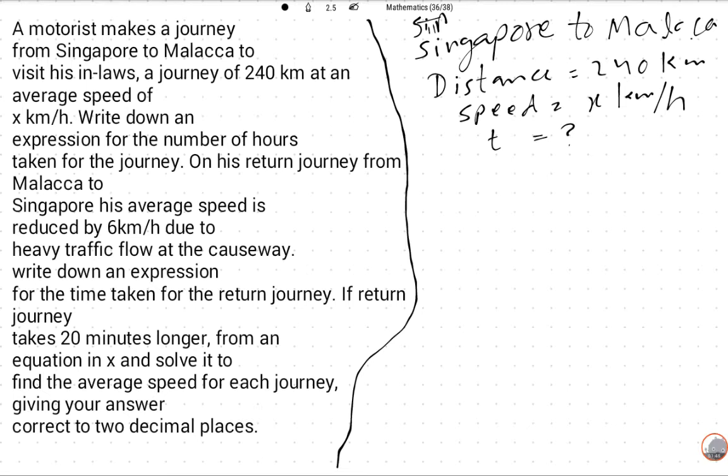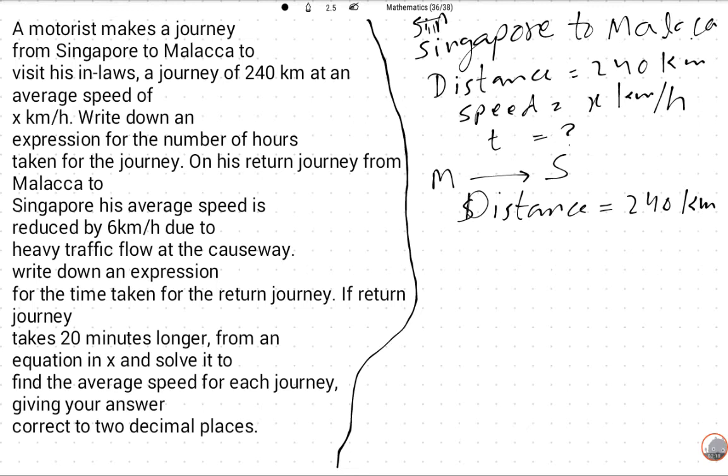On his return journey from Malacca to Singapore, speed is reduced by 6 kilometers per hour. Okay, speed, what is speed? Basically the distance is the same, so the same thing will be removed in the formula.